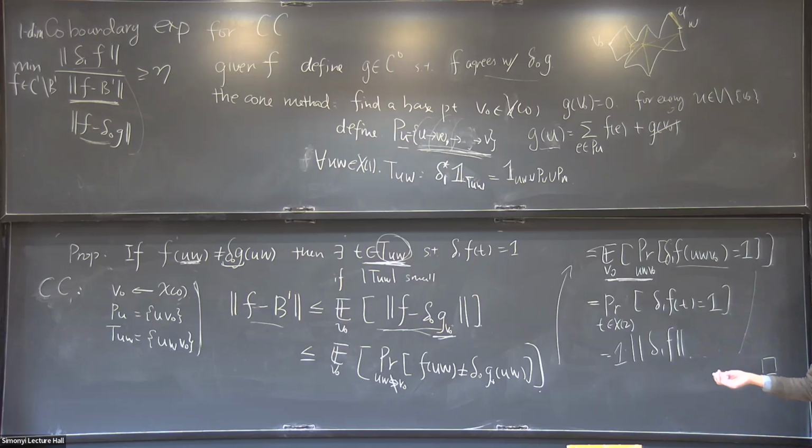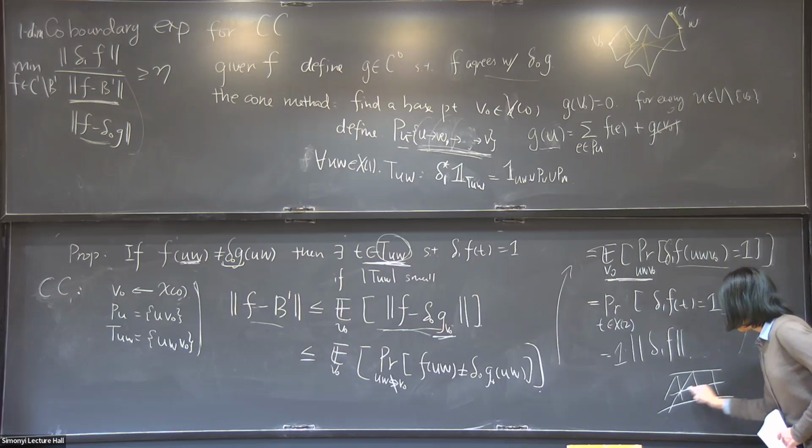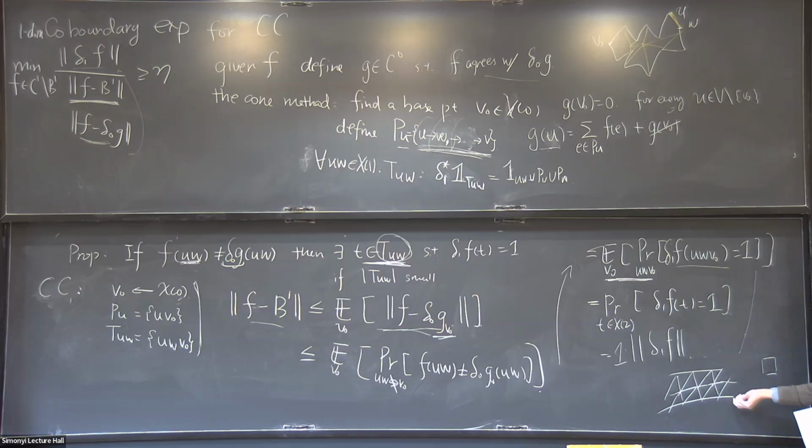Actually, that example we just saw in the topological overlapping is a one-dimensional coboundary expander, but we couldn't really apply the cone method because it's too sparse to get any cone around anything, I guess.